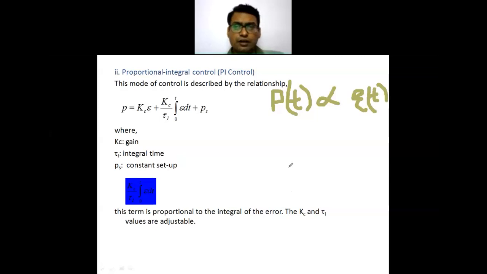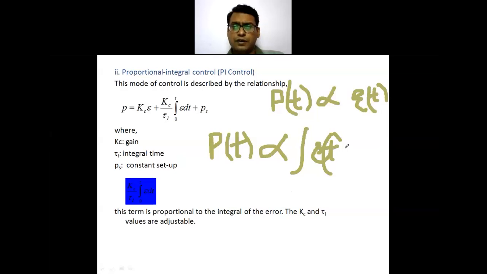And for integral, PT is proportional to the integral of the error, is proportional to the integral of ET dt. Integral is from 0 to t.